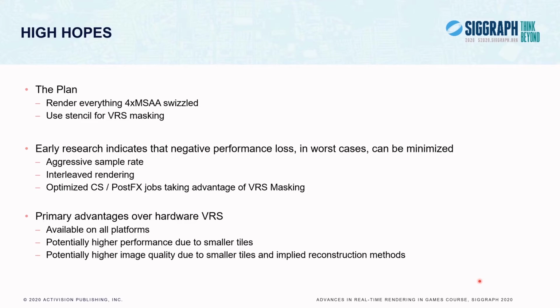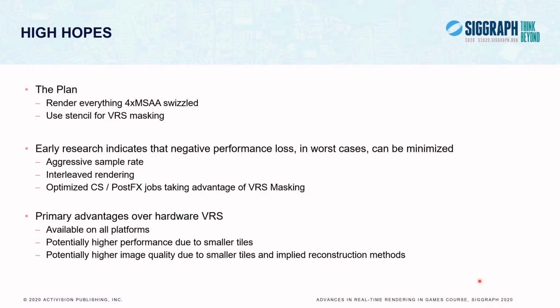So after going back to the drawing board, we understood what went wrong with our experiment, and we got a couple of new powerful tools in the toolbox that would allow us to maybe make this VRS experiment work. So the plan was to still render everything with 4x MSAA swizzle, and we wanted to use stencil for variable rate shading-like masking.